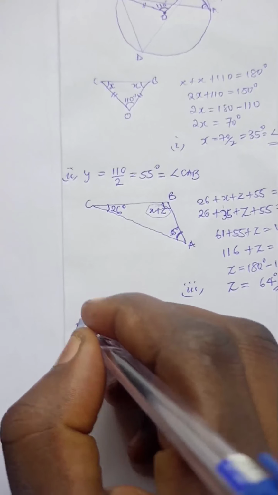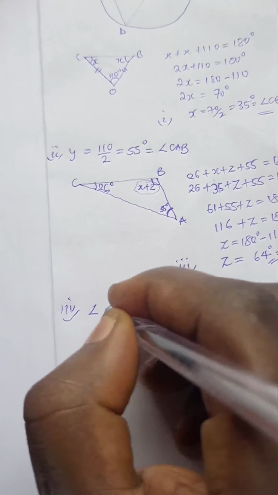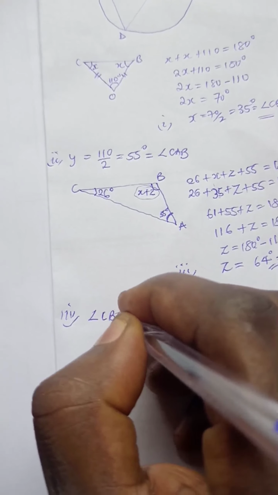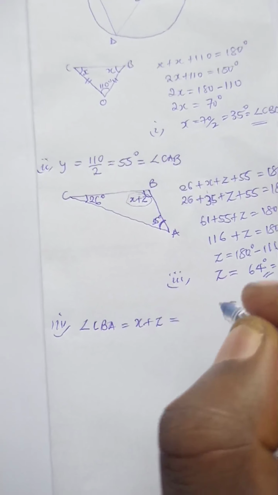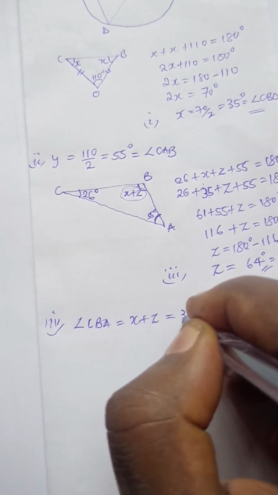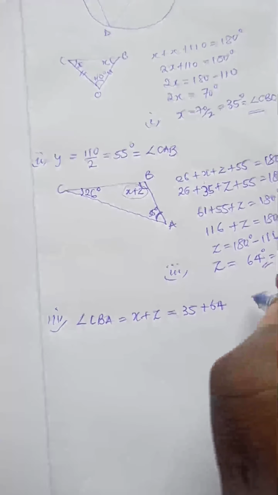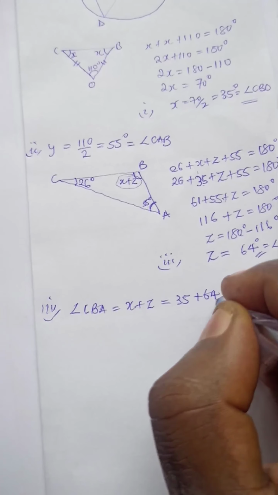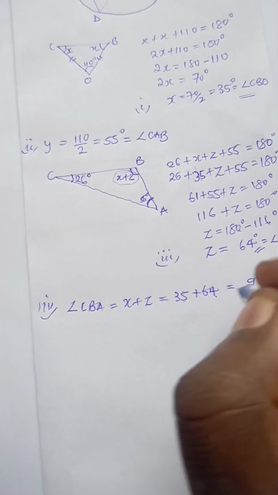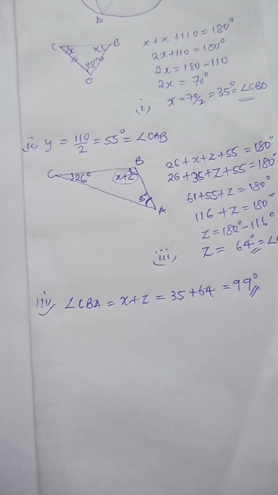So angle CBA is x plus z. If x is 35 and z is 64, then angle CBA is 35 plus 64, which gives us 99 degrees.